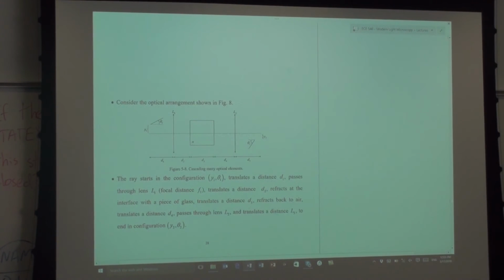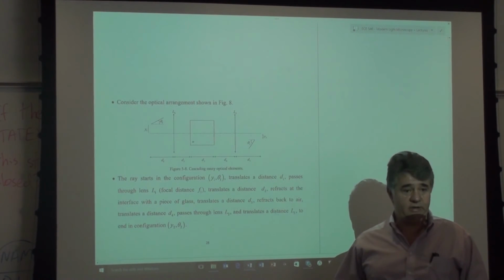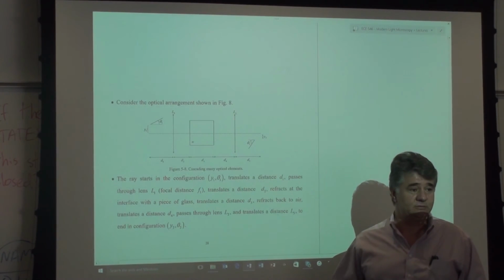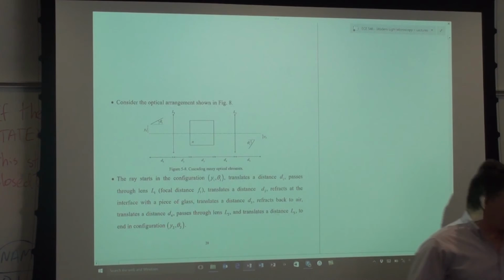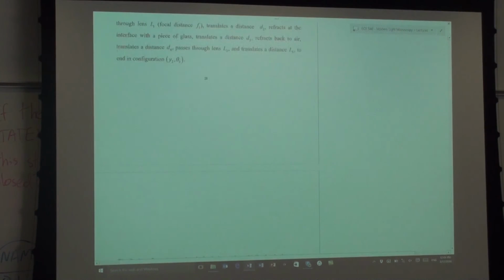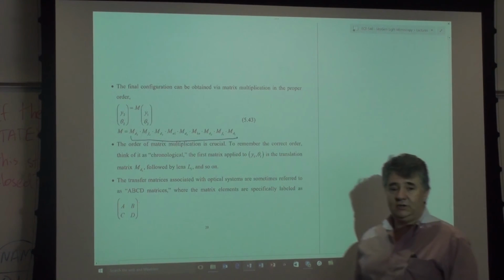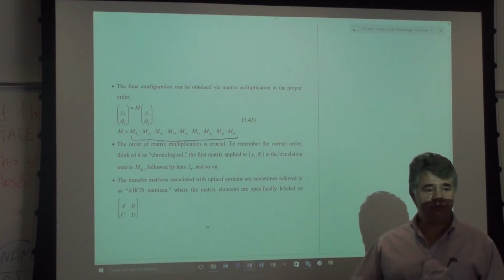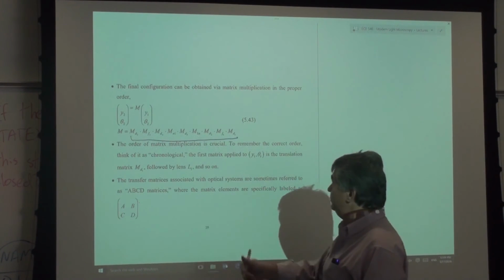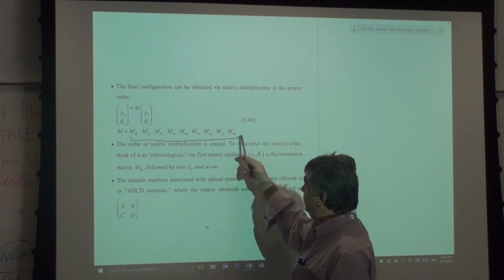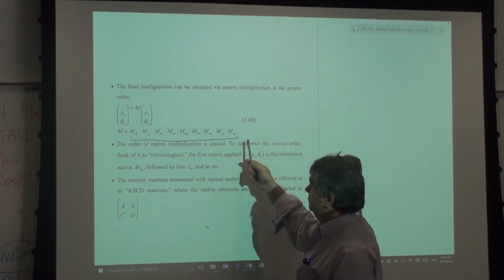So if you don't use the matrices, this may seem like a nightmare, right? I mean, it is. But if you put the matrices in your Mathematica or whatever, it becomes simply a matrix multiplication, and they're all 2 by 2, and they have a lot of zeros. Still, it's a nuisance to do by hand, but if you plug them into your favorite program, it's really easy.